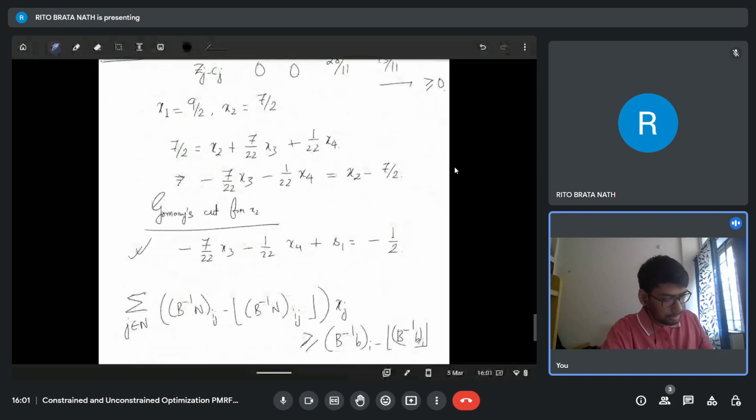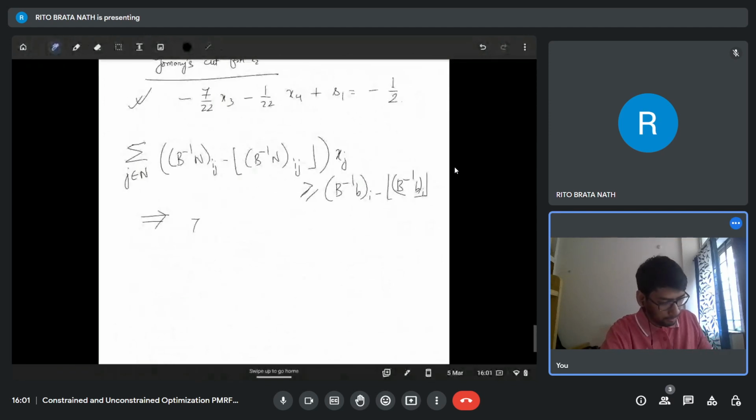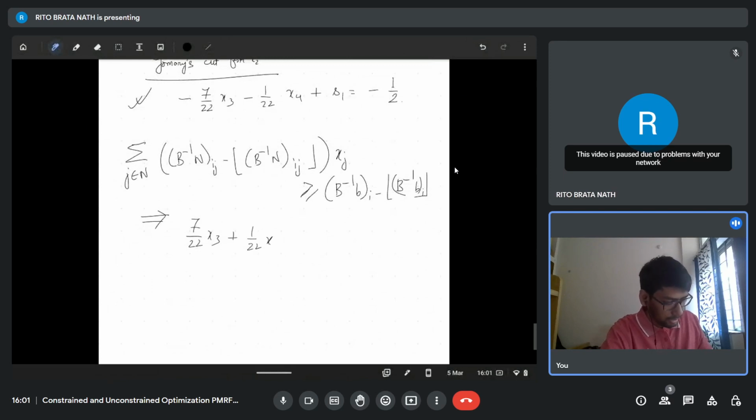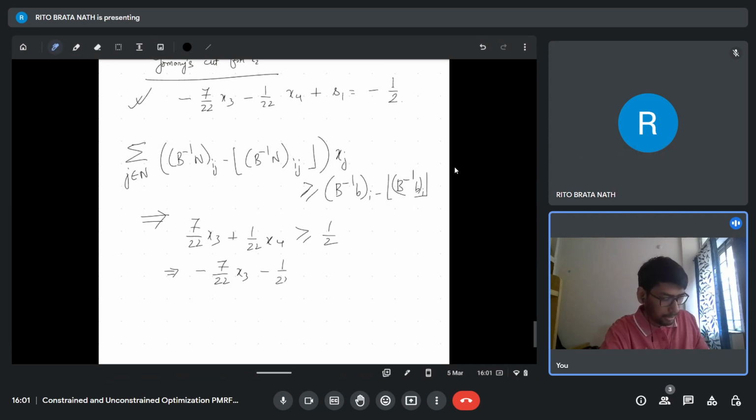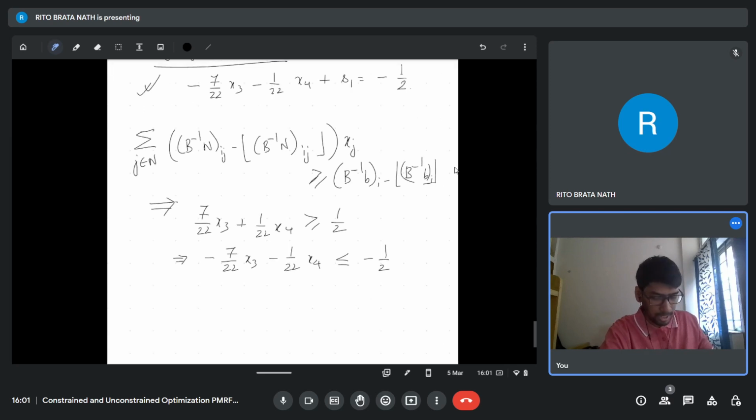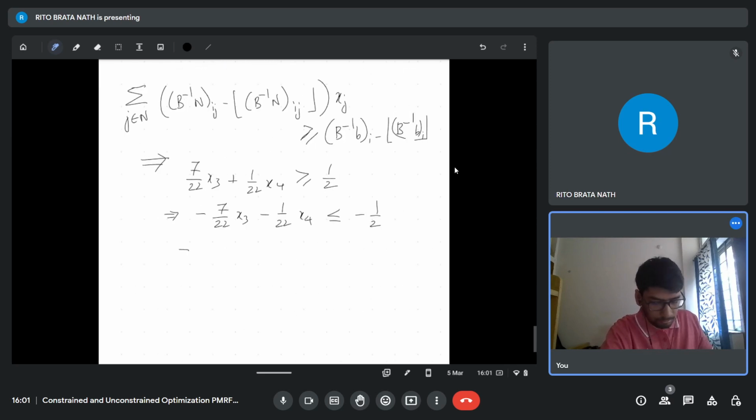If you apply this, what you get is 7 by 22 x3 plus 1 by 22 x4 is greater than or equal to half. That means you can write minus 7 by 22 x3 minus 1 by 22 x4 less than or equal to minus half. So you can add a slack here and make it minus half.